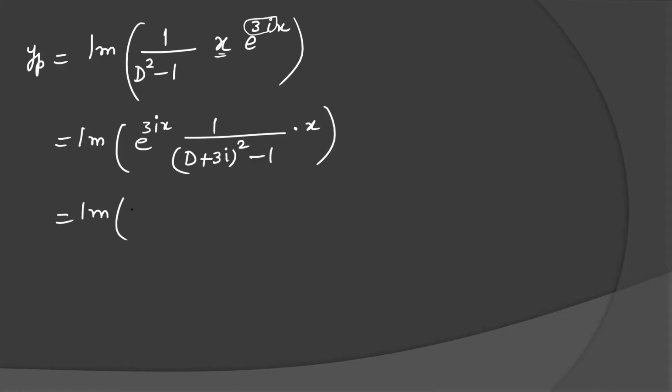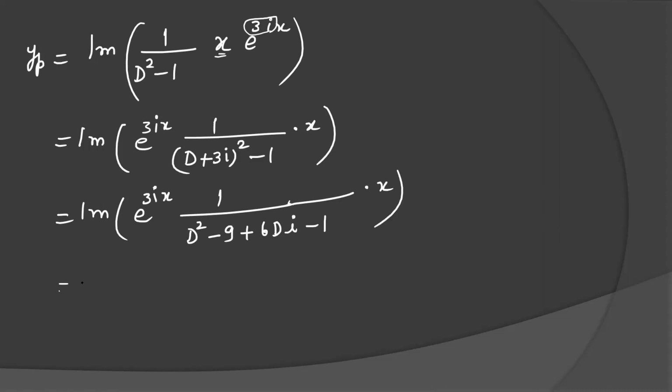So it's the imaginary part of e to the power 3ix. We will simplify it. It is D square minus 9, because plus 3i square is minus 9, plus 6Di minus 1 into x. So it's the imaginary part of e to the power 3ix, D square plus 6Di minus 10 into x.